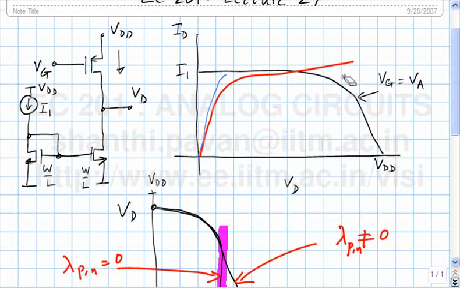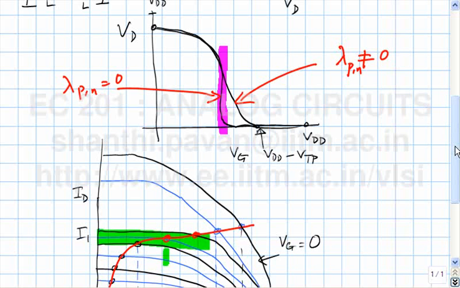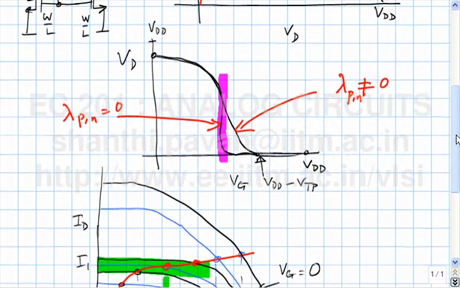Yesterday you saw that the incremental gain is given by gmp times rp parallel rn. Alright? And if the lambda becomes 0, rp and rn both tend to infinity, which means that the incremental gain becomes infinite, which will cause the slope of the characteristic to be infinite. Alright? So, does this characteristic remind you of something?